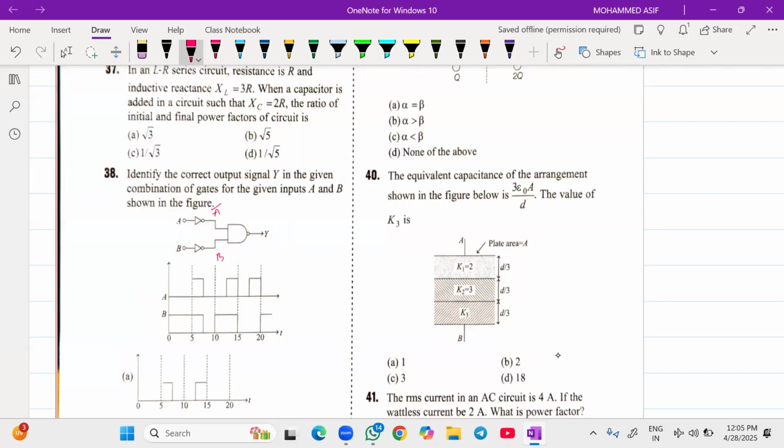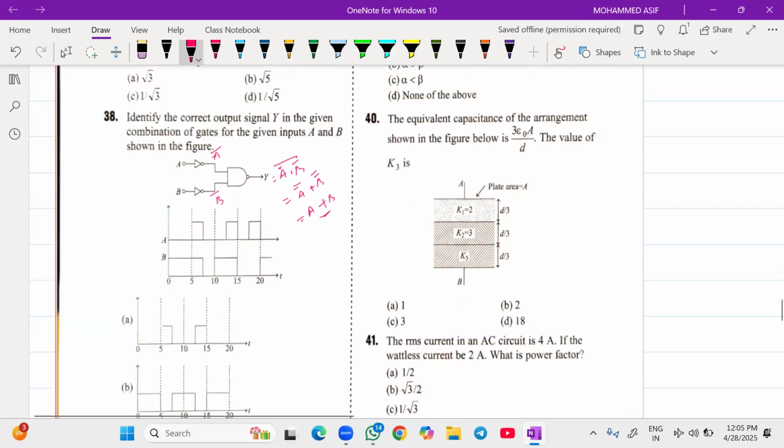If here it is B, it will be your B bar. So Y value will be equal to how much? It is A bar double bar, so that means it will be A double bar plus B double bar. A double bar is A, so it is A plus B.